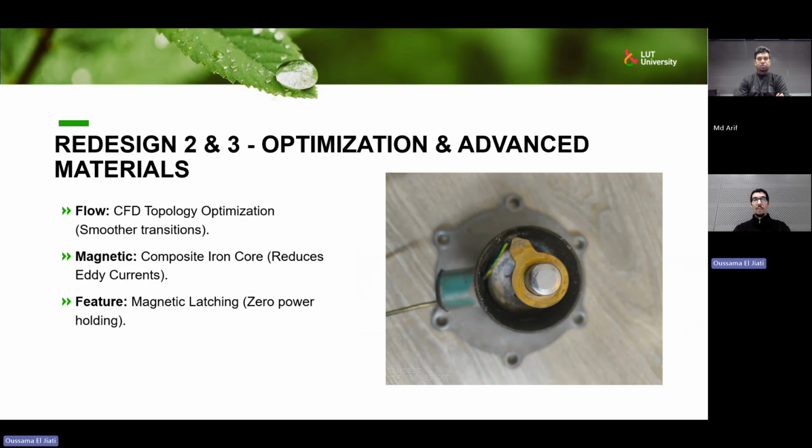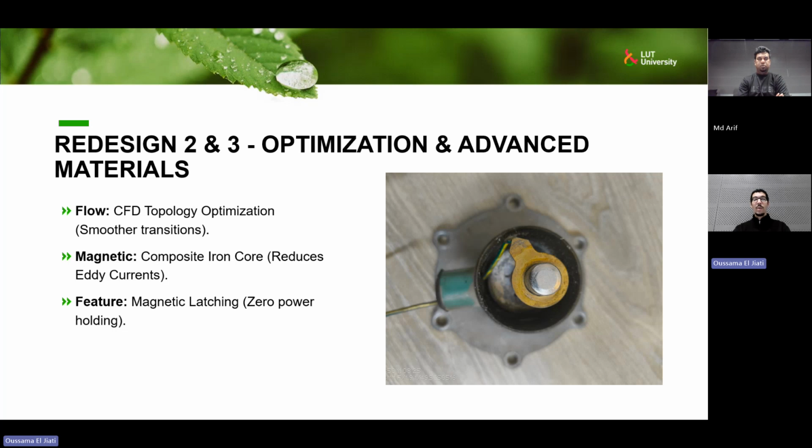And for the remaining inefficiencies, we proposed 2 further changes. First, for the flow, we could use CFD topology optimization to smooth out the sharp corners in the casting mold. And this will reduce the turbulence and improve the flow rate.